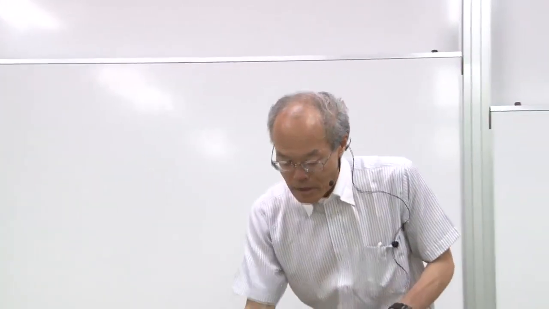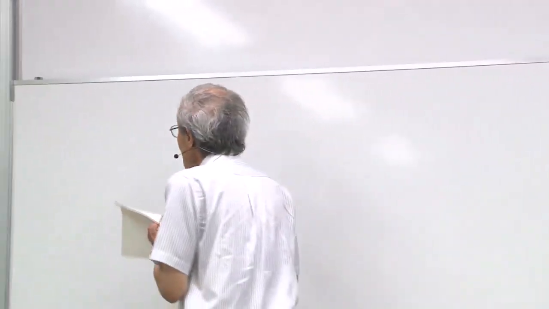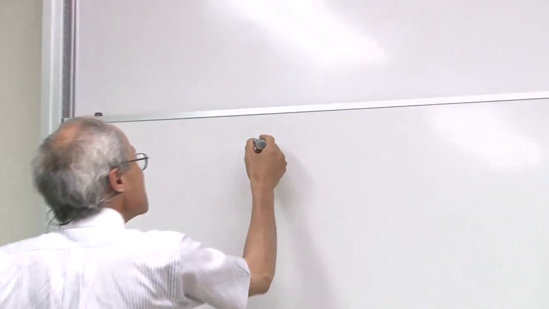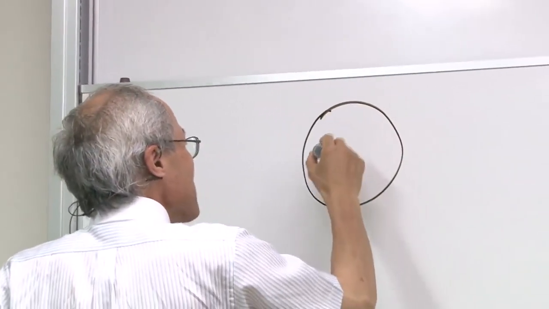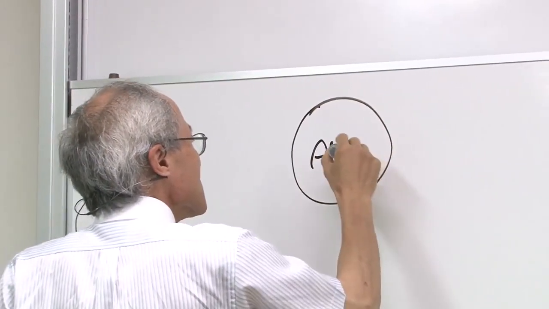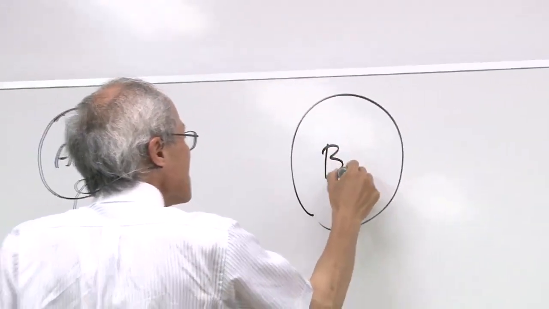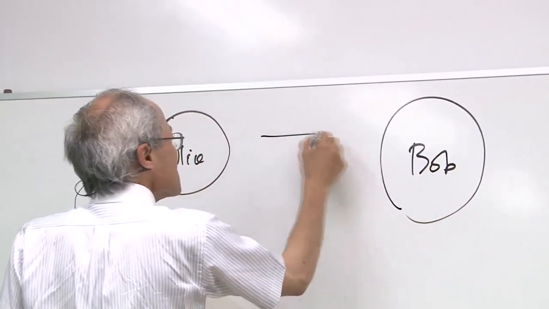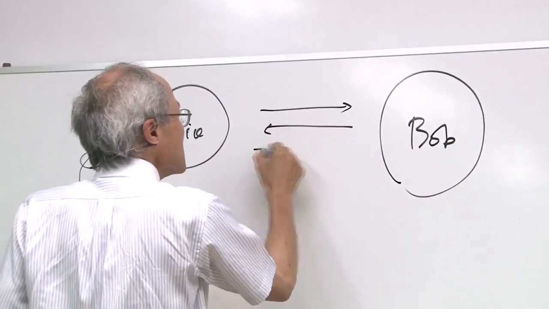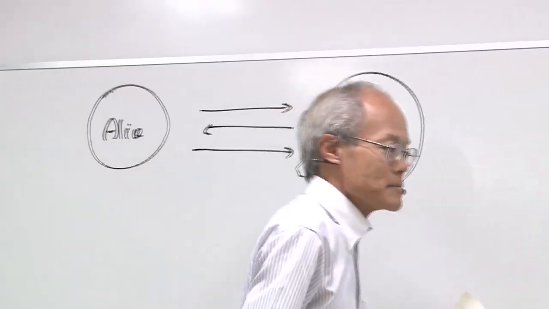Last week, we have two parties, Alice and Bob, and we have a protocol.